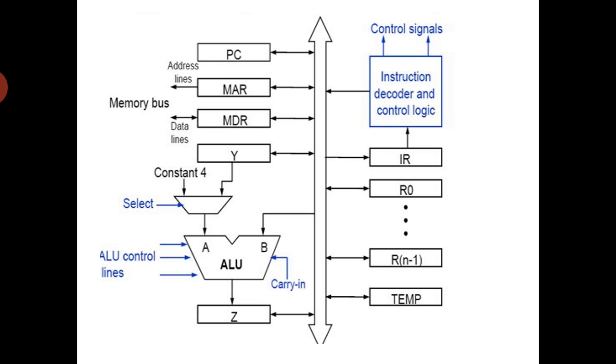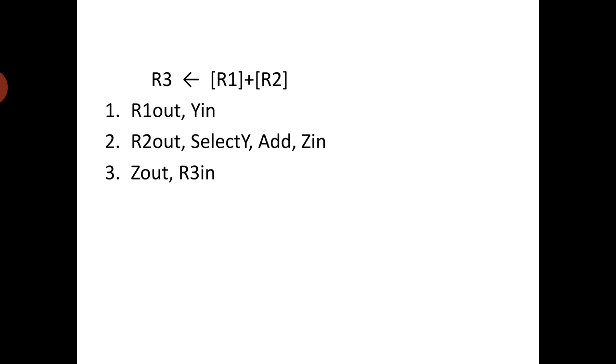Now we will take an example: adding the content of registers R1 and R2. The data present in the R1 register is going to be added with the data present in the R2 register. After adding R1 and R2, we have to store that sum result in the R3 register.